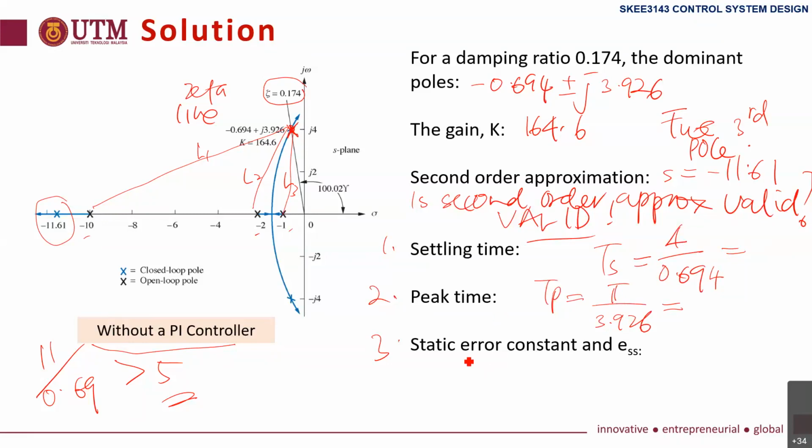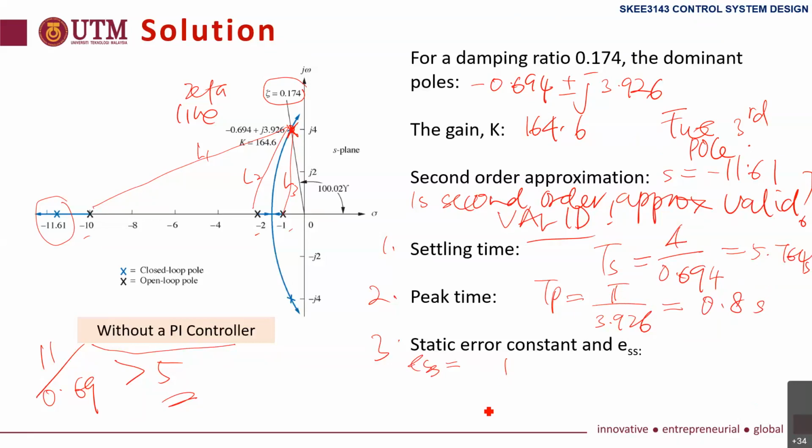How to calculate error? Tp is 0.8 second.